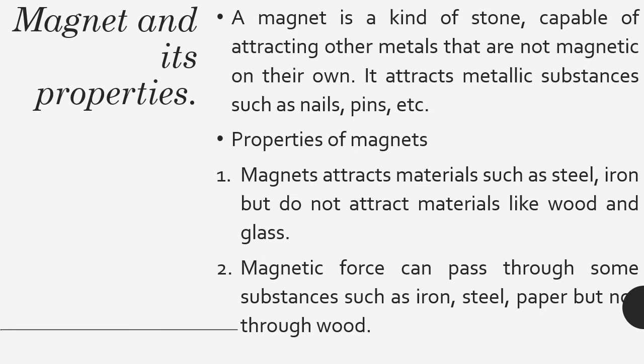You move that magnet and watch the metal move in the same dimension, the same angle, the same way the magnet is moving under the paper. That is that force. It can pass through substances like iron, steel, paper, but it doesn't pass through wood.